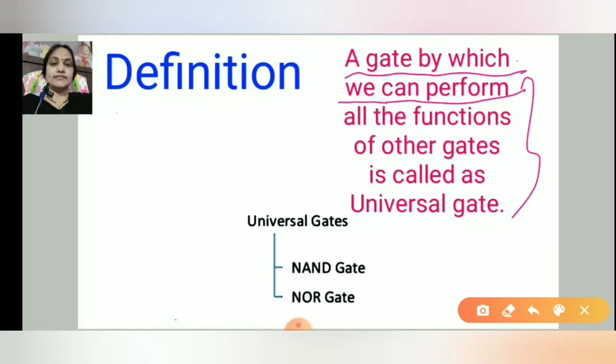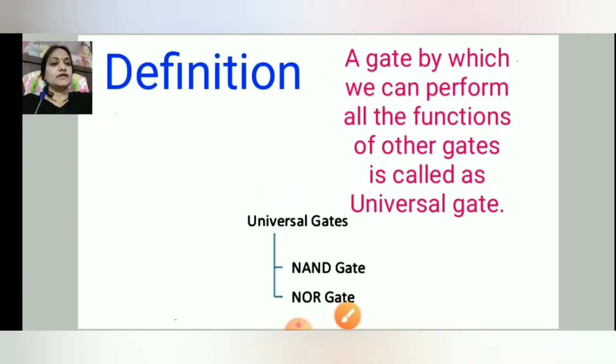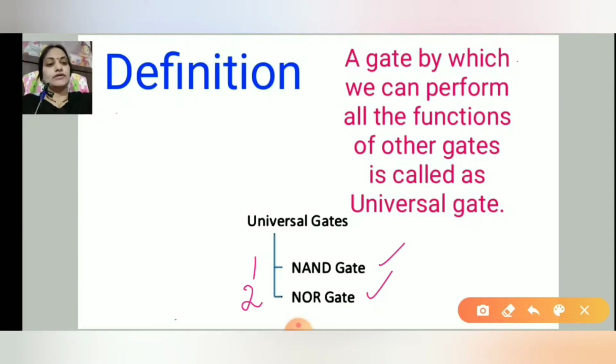Universal gate is a gate by which we can design all the other gates like NOT, AND, OR, NAND, etc. Okay. So, students, all of us know that universal gates are two types. Number 1, NAND gate. Number 2, NOR gate. Today, in this class, I am going to explain about the NOR gate deeply. Okay.